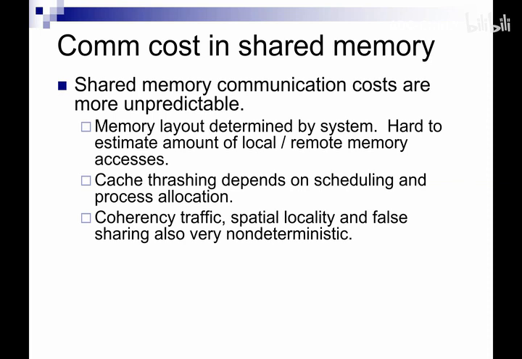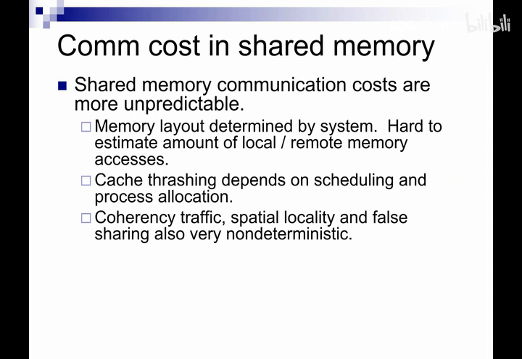Whereas if you share the cache with another processor which uses up a large chunk of the cache, then you will have just a small part of the cache, and you will have a lot of cache misses, and now you need to go out to memory much more often. And so this depends on the scheduling, which is unpredictable.